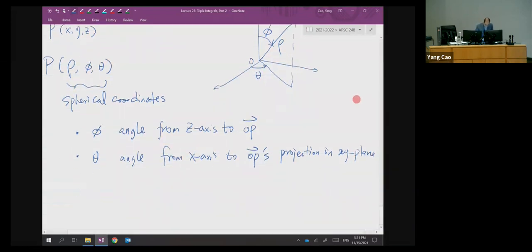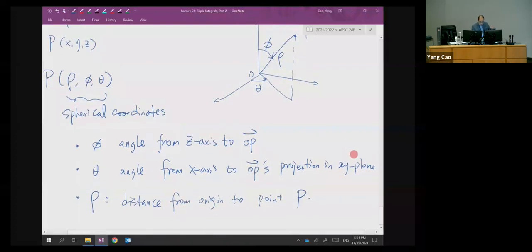That's your theta. And finally, the rho is the distance from the origin to point P. So the definition of these three variables, you need to be crystal clear about. Otherwise, when you find the limits, if you use your own convention, then we're not on the same page.